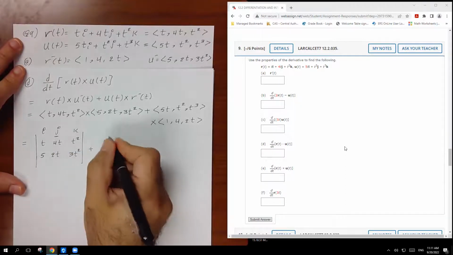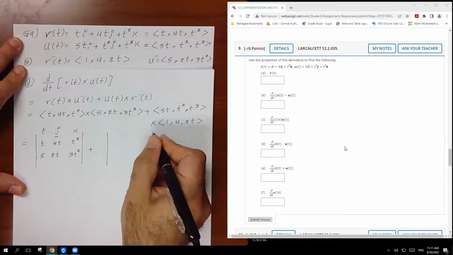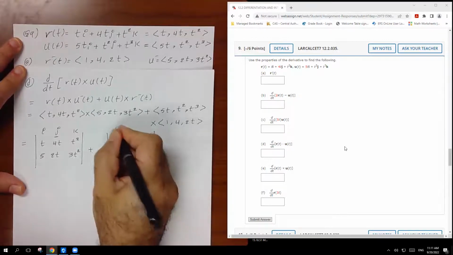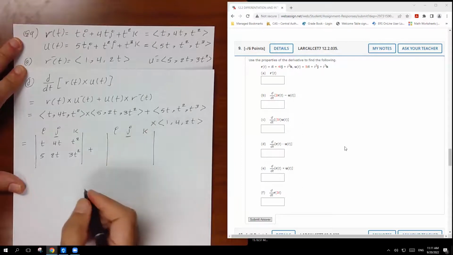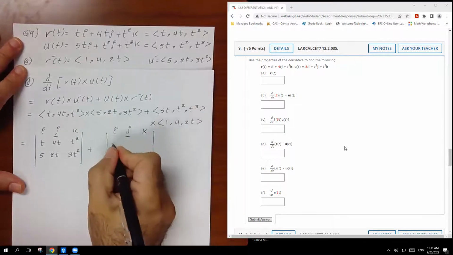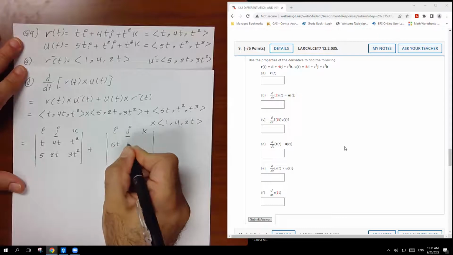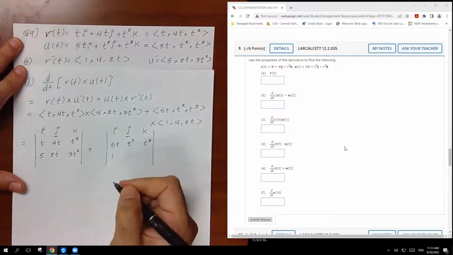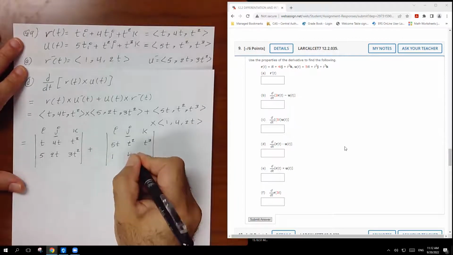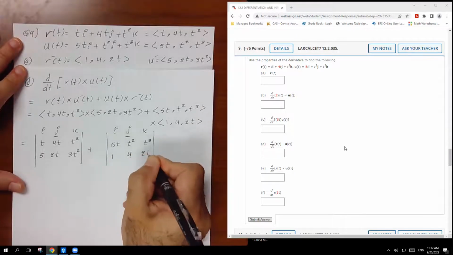Now this one plus the second part, I'm going to do the cross product here. This is i, j, k, and always this is minus. The first one is 5t, t squared and t cubed. Here's 1, 4, and 2t.